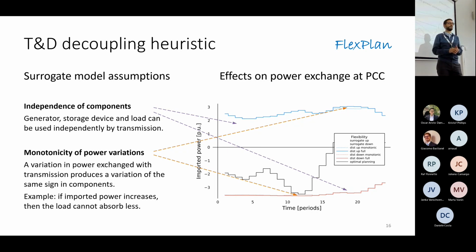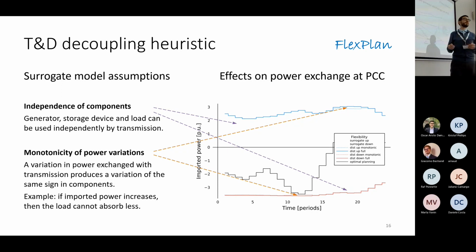This is a modeling assumption and must hold for each of the loads. In a real situation, it may happen that in order to solve, for instance, a voltage constraint, a load will be reduced, and this way another load could increase more than the reduction. The surrogate model doesn't consider this situation.